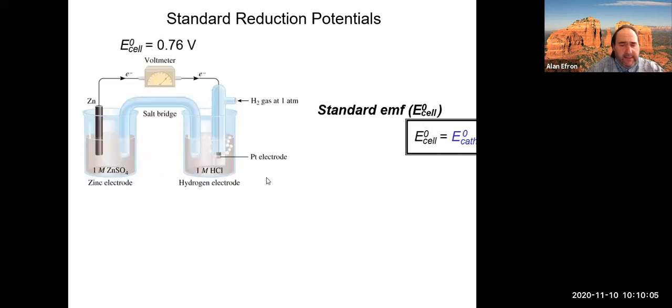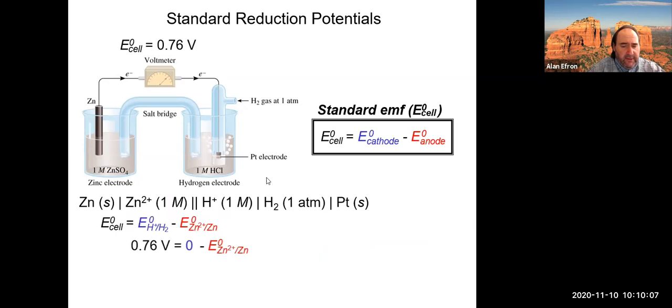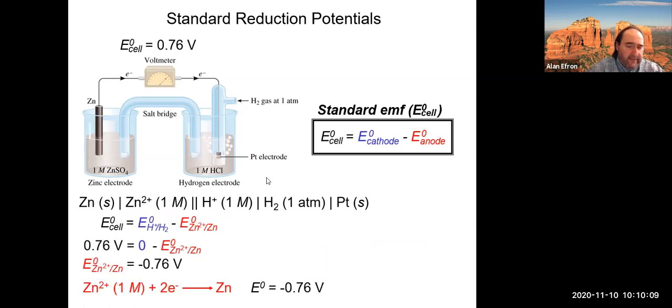So like I said, they took the standard hydrogen electrode and hooked it up with a wide variety of different types of electrodes. So here, if we look at this particular one, we have our zinc still acting as our anode, our hydrogen electrode acting as our cathode.